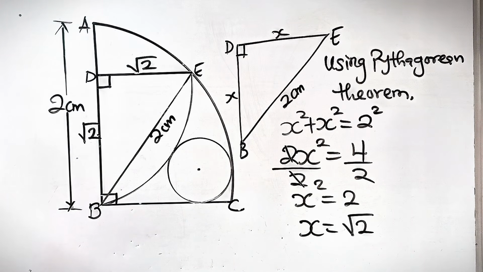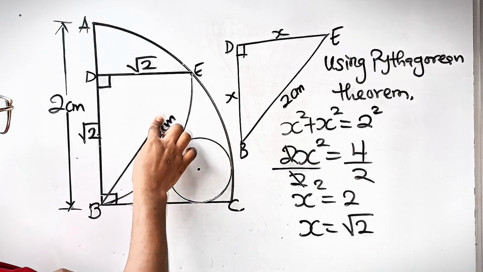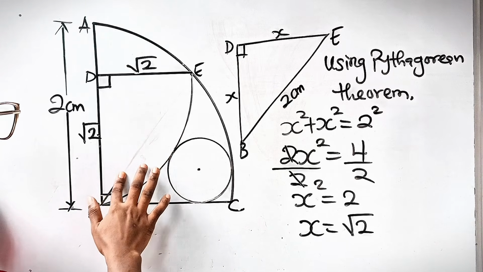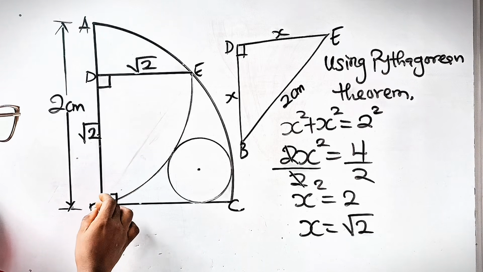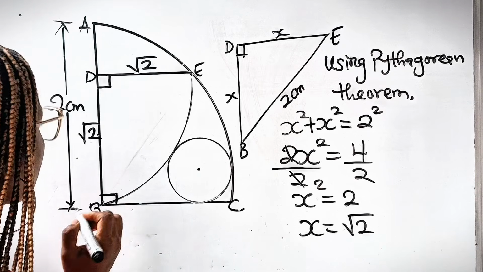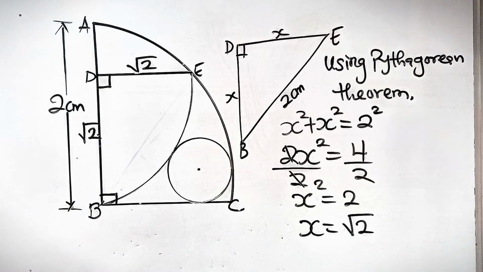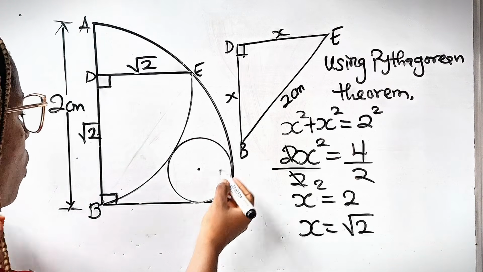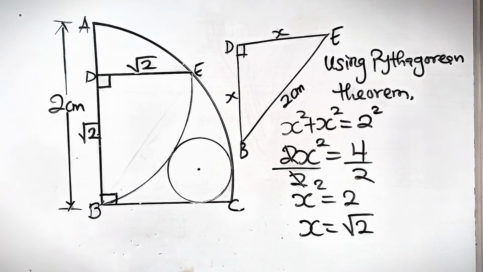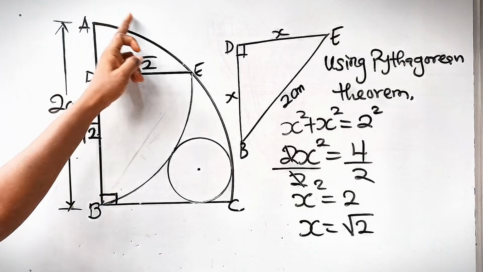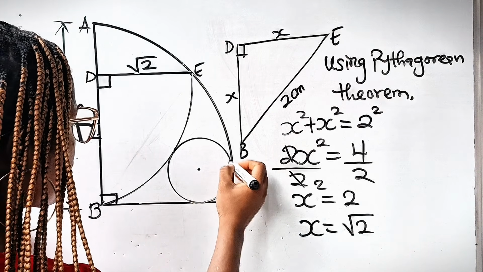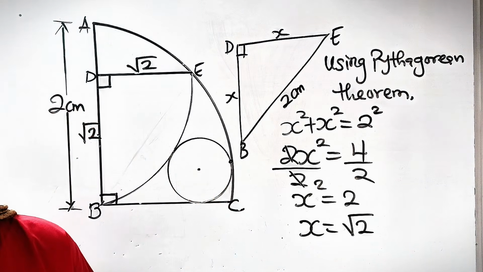All right, now I don't need this anymore, and because I don't want my diagram to look so clustered up, I'll be deleting the line. All right, now I will be joining this particular B to this point. Now let's call the point of contact between this smaller circle and the big quadrant F. Remember that this is not drawn to scale, okay?